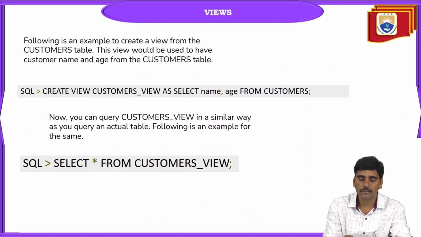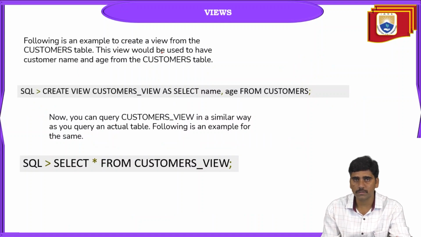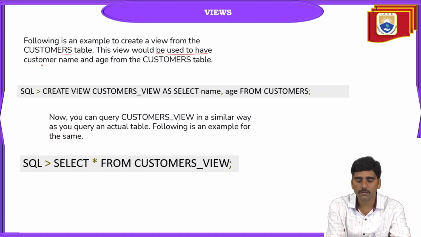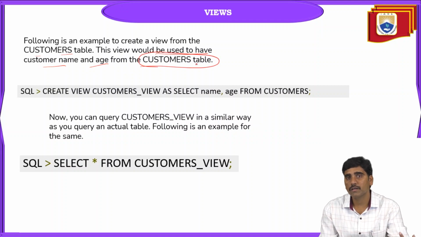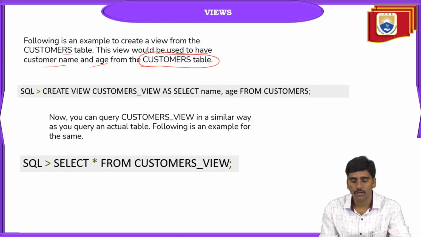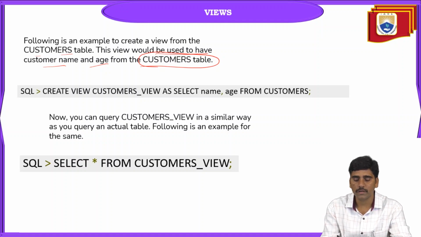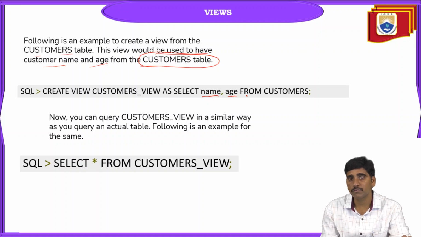Following is an example to create a view from the customers table. This view could be used to have customer name and age from the customer table. So we are creating a view for this customer table on the basis of only the name and age columns.